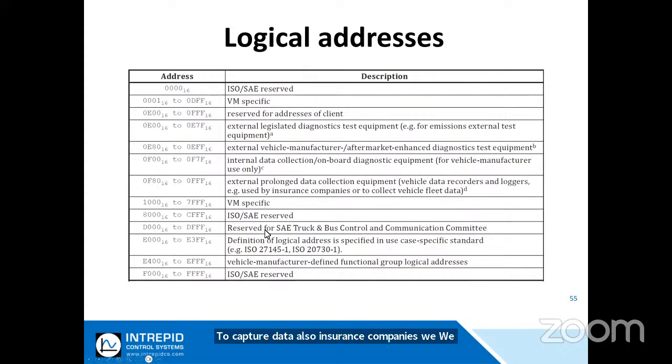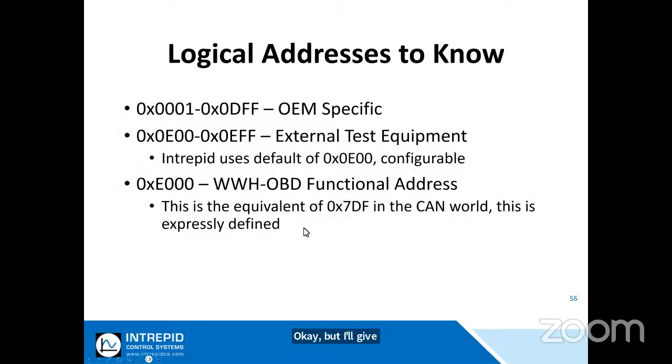And there's also a whole separate range that's reserved for heavy duty vehicles. So all the people that use J1939 actually have a whole separate range reserved for them for using this as well. Okay. But I'll give you that at the end of the day. But I do want to blaze through here because we've only got about 11 minutes left.